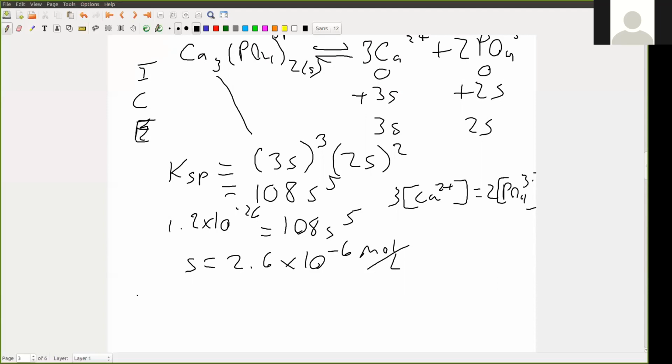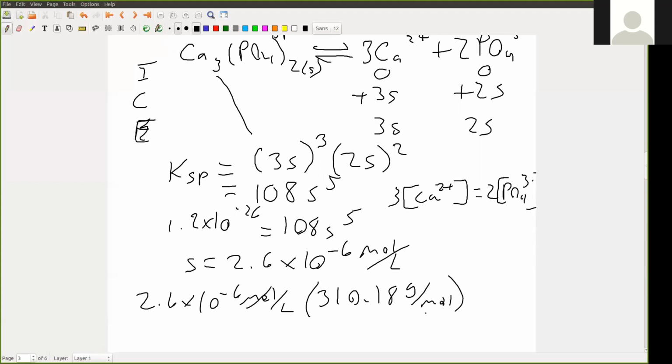So we can take 2.6 times 10 to the minus 6 moles per liter, and multiply it by 310.18 grams per mole.